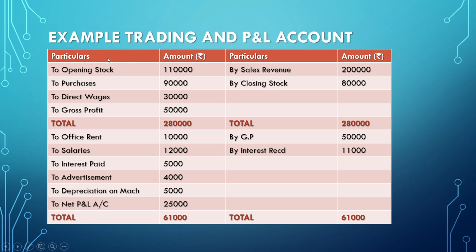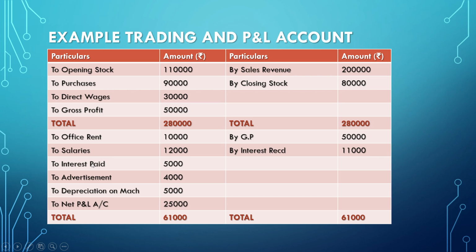Okay, now till here, this is called your trading account. Now from here it is the profit and loss account. So after the gross profit or gross loss is calculated, it is taken forward to the P&L account. Now this is gross profit, so it is taken forward here, 50,000. Okay, now what are the operating expenses?